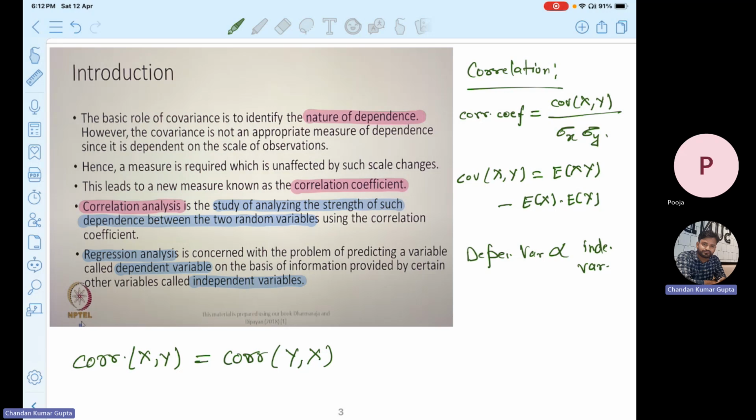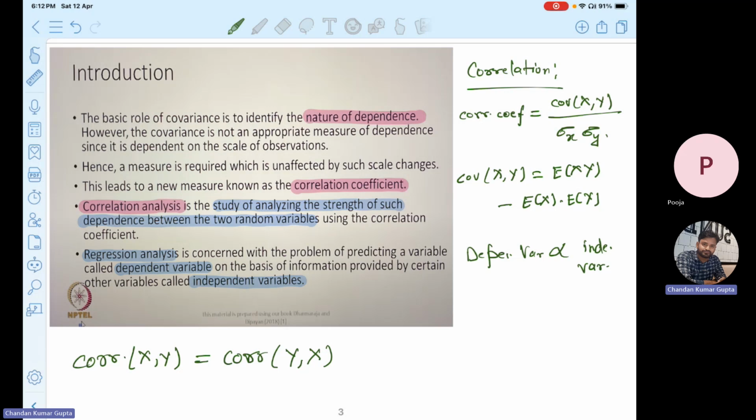But in regression analysis, we make a model to predict a variable. The variable that is predicted on the basis of another variable is called the dependent variable, and the other variable is the explanatory or independent variable. We will discuss this later.